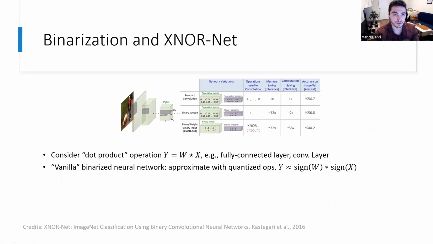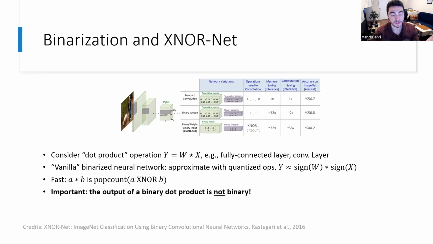So consider a general dot product operation in the neural network, like a fully connected layer or convolution. The vanilla approach to binarization is to approximate it by a dot product between quantized tensors. And usually the quantization operation we choose is a sign function. This is fast because on binary vectors, the dot product is just a pop count on the output of the XNOR operation, which can be accelerated in hardware.